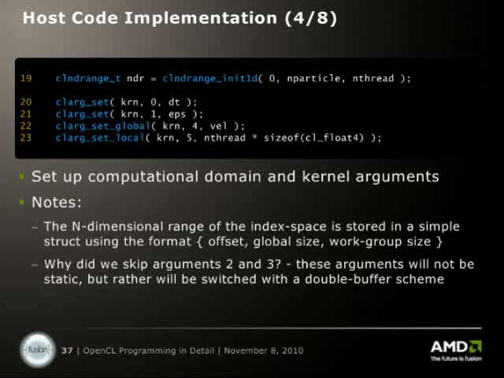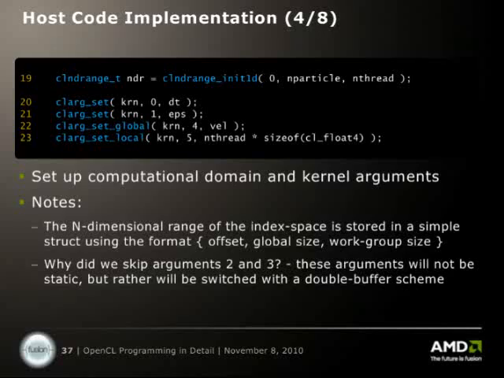It starts with 0, so that's kernel argument 4. And finally, in line 23, we're not actually setting the argument to an element of data, but simply sizing our local shared memory, our local cache that we want to use for a blocking scheme. So that uses a slightly different API call.